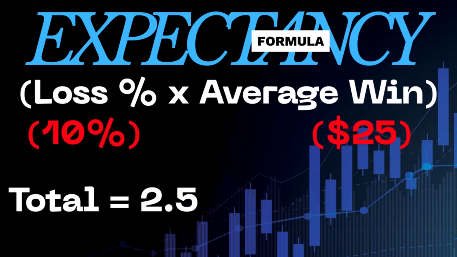And my average loss is going to be 25, because again, same 2-to-1, keeping everything even. Half of 50 is 25. That's going to give me a number of 2.5. So I'm going to take my 45 and then subtract 2.5 from that, and that's going to give me a whopping number of 42.5.